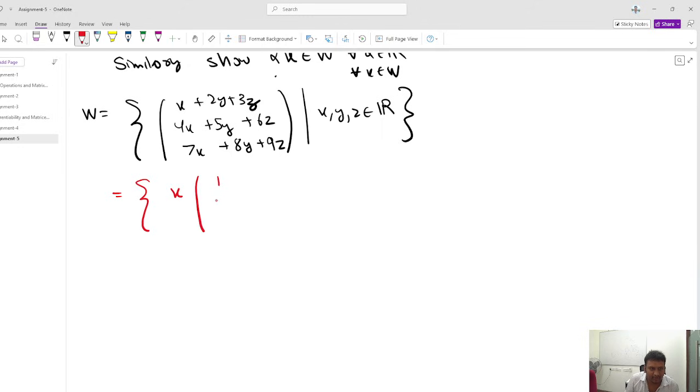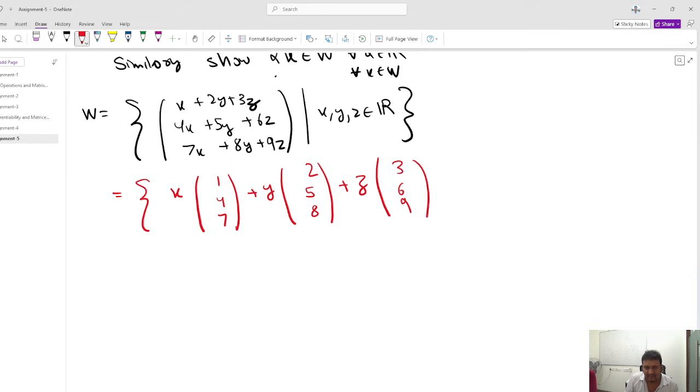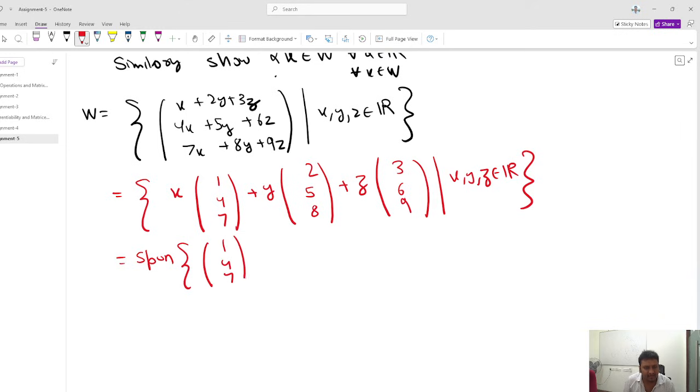If you take x common, what you get? (1, 4, 7). Plus then take y common, this is the same as (2, 5, 8). Plus you take the z common, this is the same as (3, 6, 9), where x, y, z belong to R. So x, y, z are arbitrary. So it is the collection of all possible linear combinations of these three vectors, right? Basically, this is the span of (1, 4, 7), (2, 5, 8), (3, 6, 9).